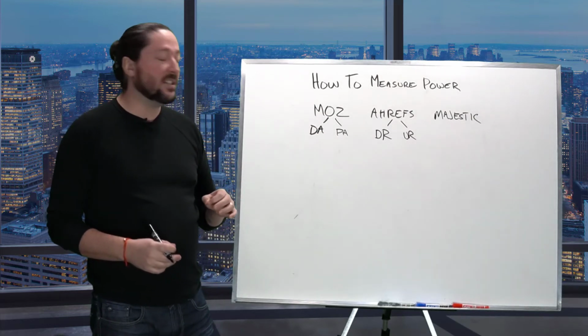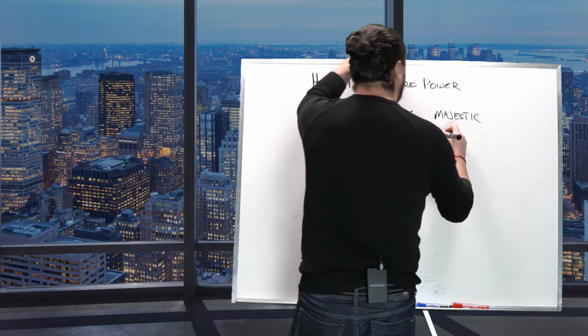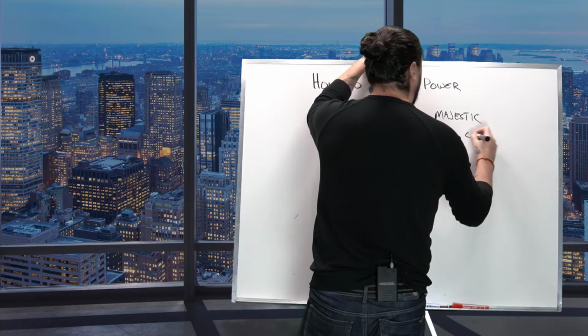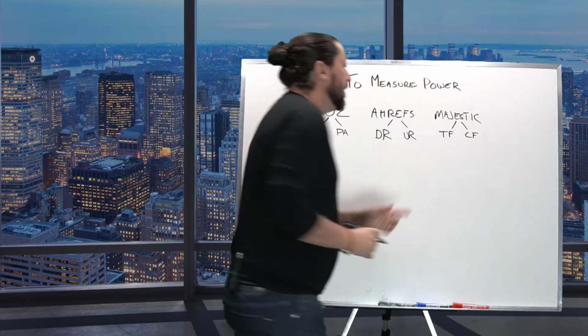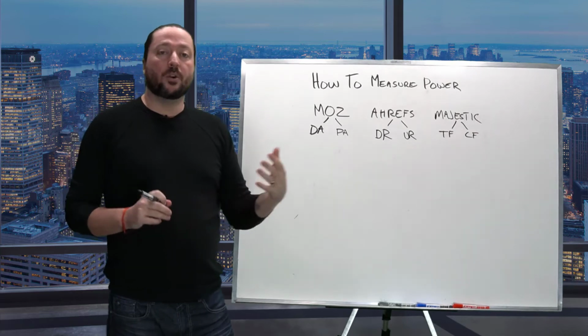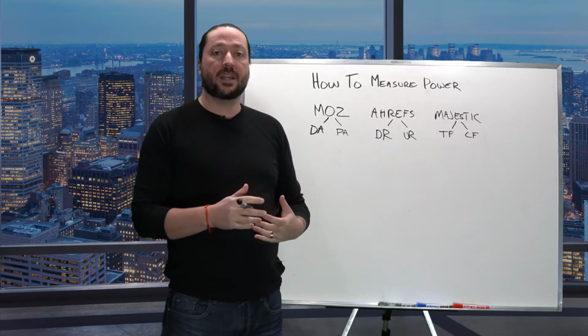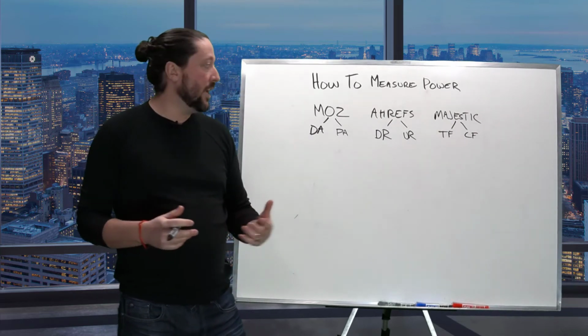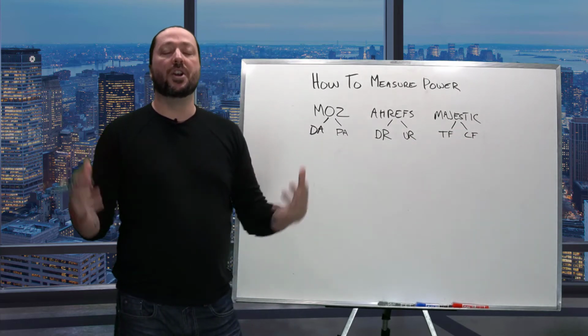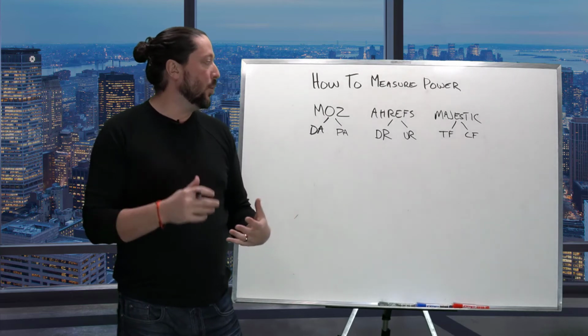If you ever go to Majestic, you'll see something called TF and CF, instead of domain rating and URL rating. TrustFlow is a measure of the amount and quality of links coming into the page and how powerful they are. Citation flow is kind of a measure of the number of links that are pointing at a page.